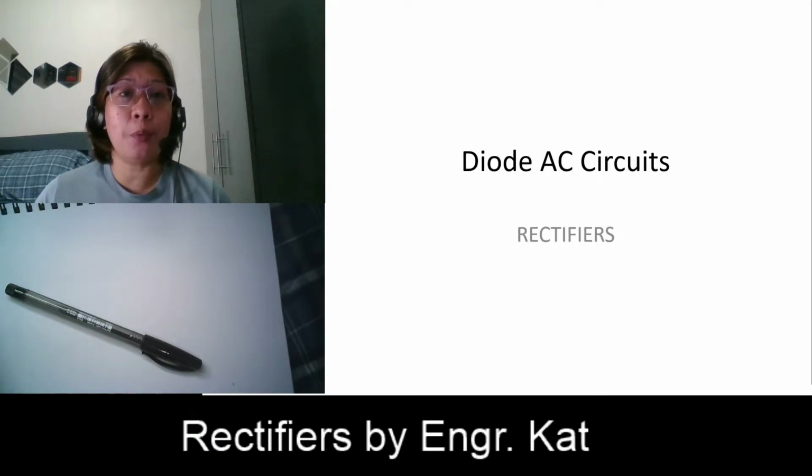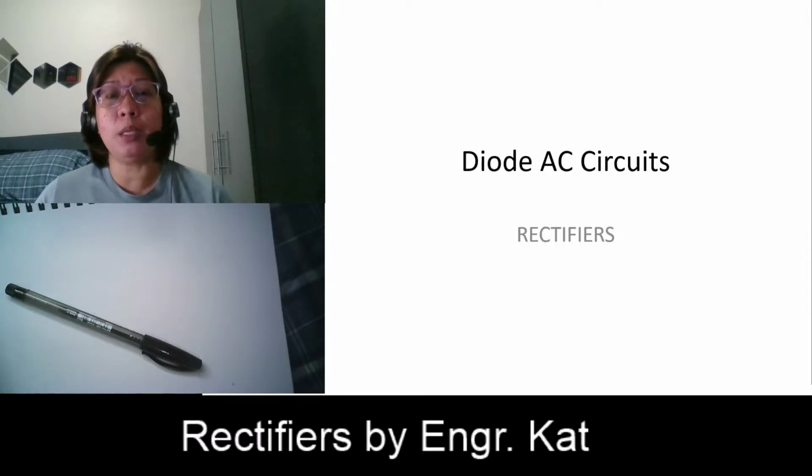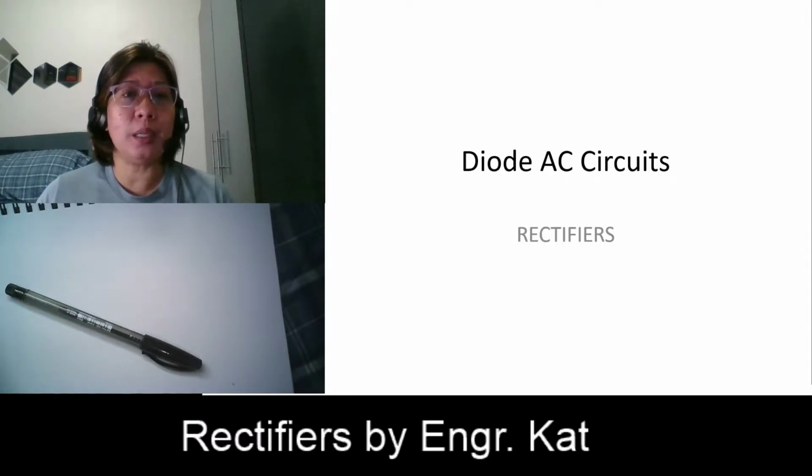Okay, from our previous video, we just applied a DC source. So with a DC source, it will just be for us to determine whether your circuit is in forward bias or reverse bias mode.